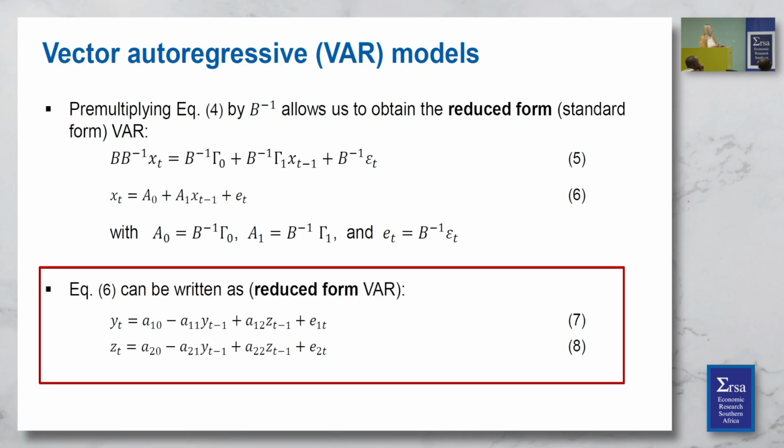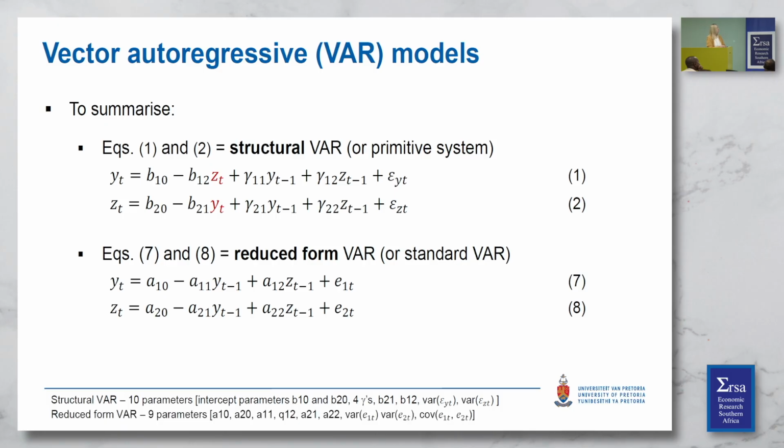That is a square matrix with 1s on the diagonal and zeros otherwise. So then we have this, and this now looks like a reduced form equation. So that's what we want to do.